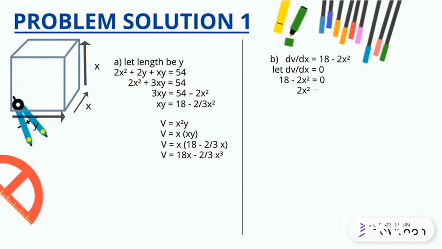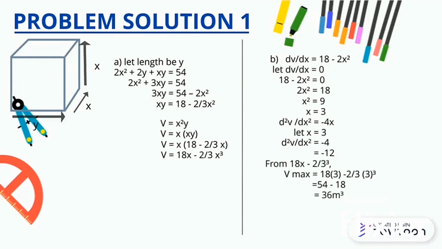For B, to find the maximum value of V, we need to find the derivative first. Thus, dV/dx = 18 - 2x². Let the derivative equal to 0 to find the value of the variable x, which equals 3.